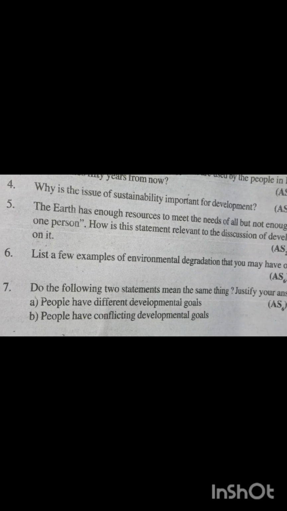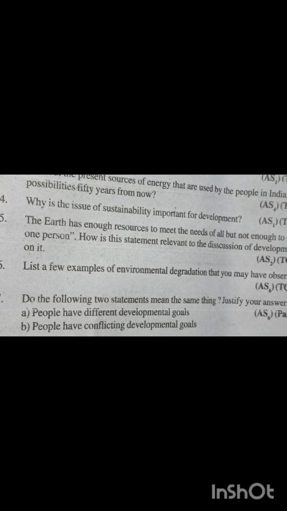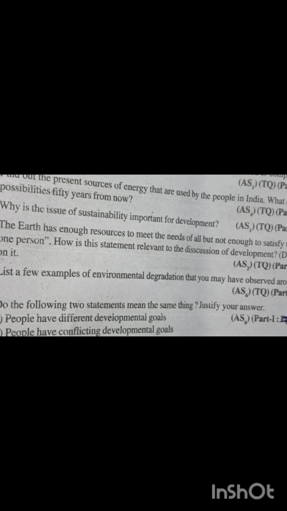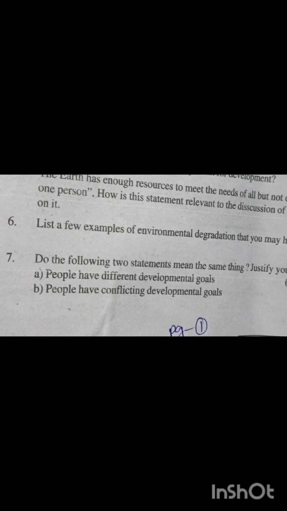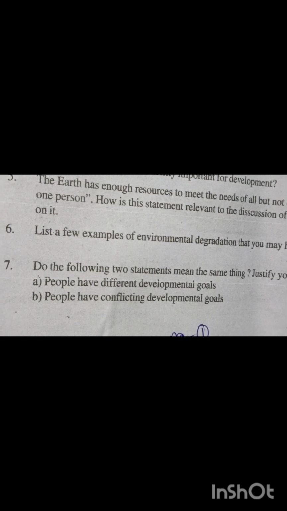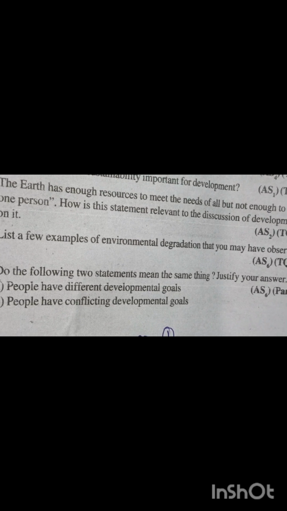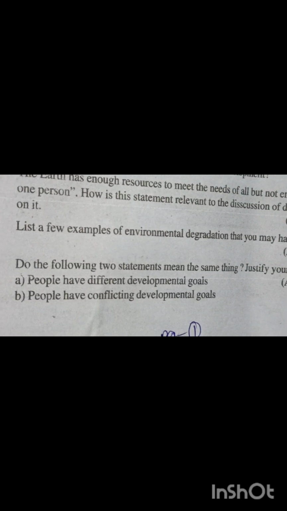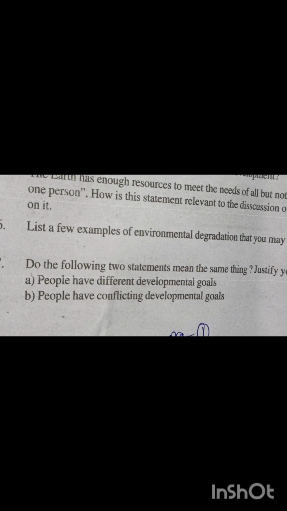Sixth one, list a few examples of environmental degradation that you may have observed around you. Seventh one, do the following 2 statements mean the same thing? Justify your answer. A. People have different developmental goals.